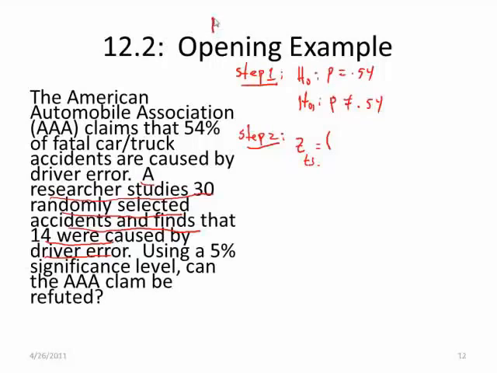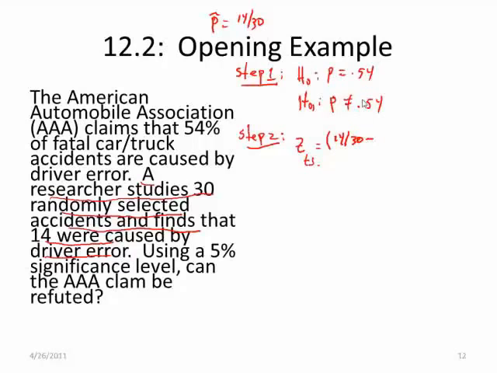So p hat is going to equal 14 over 30. Be careful, and don't be afraid of fractions. So we're going to go 14 divided by 30 minus p under the null hypothesis.